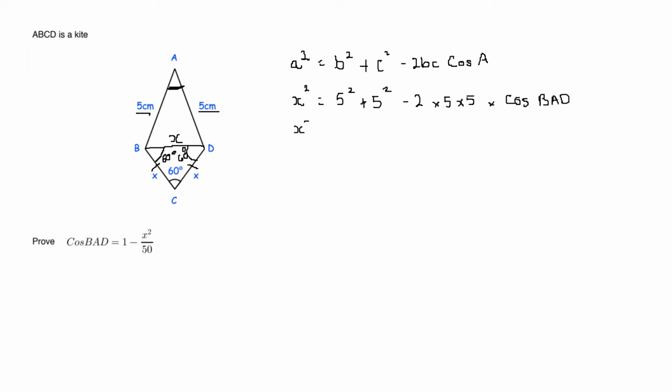So we're going to get x squared equals, well, 5 squared plus 5 squared is 25 plus 25, which is 50. Take away, so negative 2 times 5 times 5, so we're going to have take away 50 cos BAD.